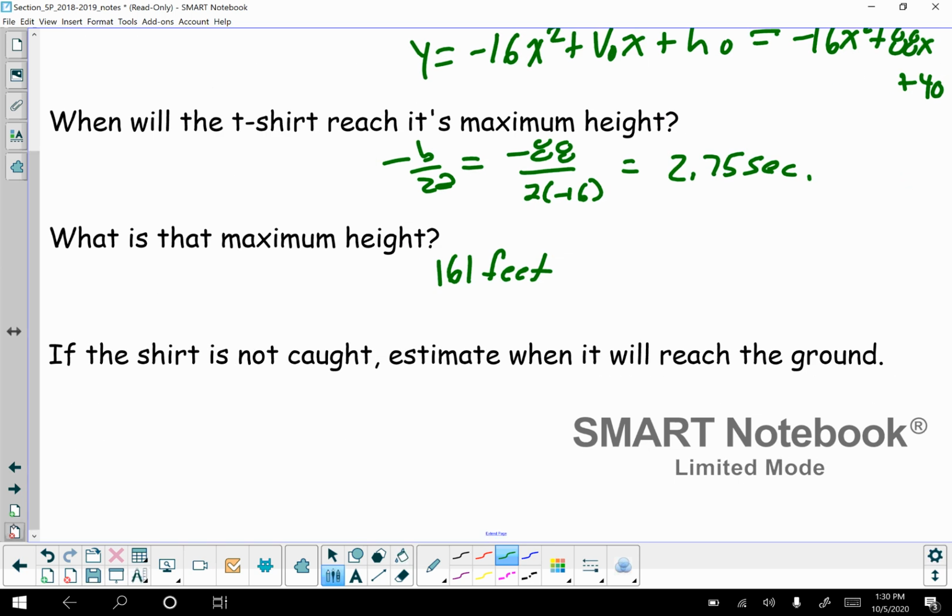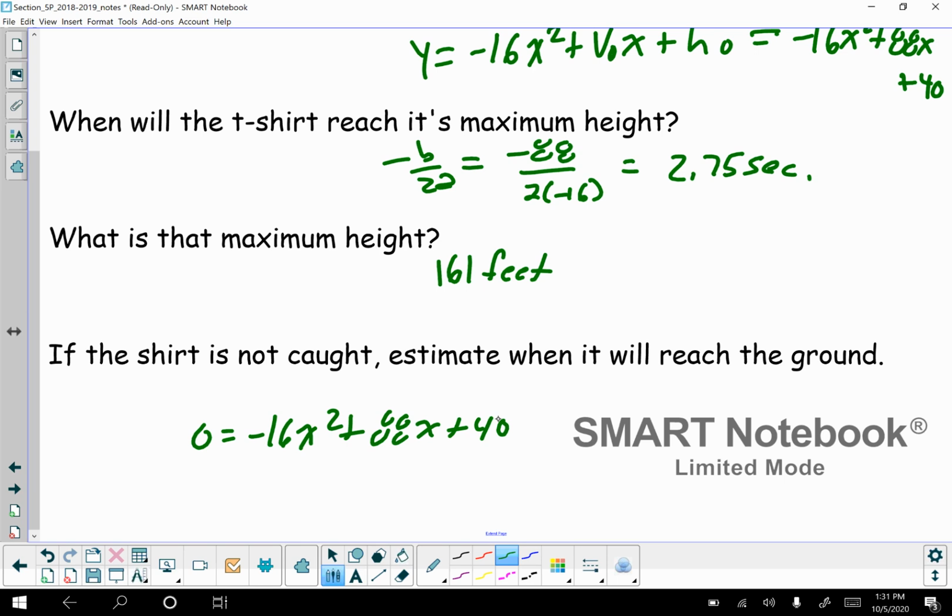If the shirt's not caught, when will it hit the ground? So I'm going to go 0 equals negative 16x squared plus 88x plus 40. If I set that equal to 0, or if I go ahead and solve it, I plot it.